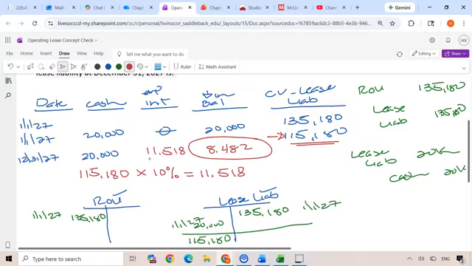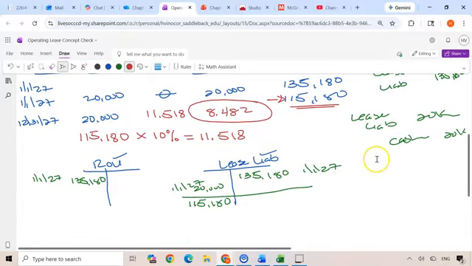So now let's record these two entries, and then we'll put them into our T accounts. Let me just go up a little bit. Okay, this is okay. My first entry is going to be on 12/31.